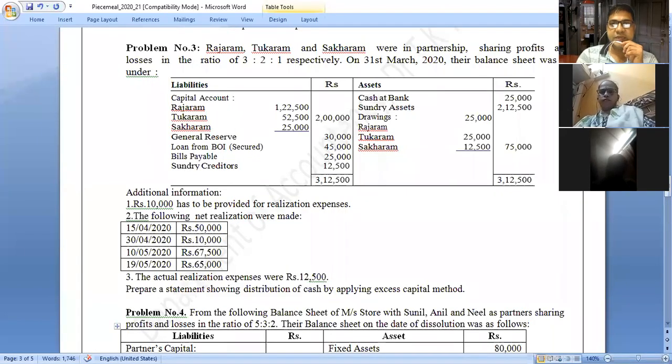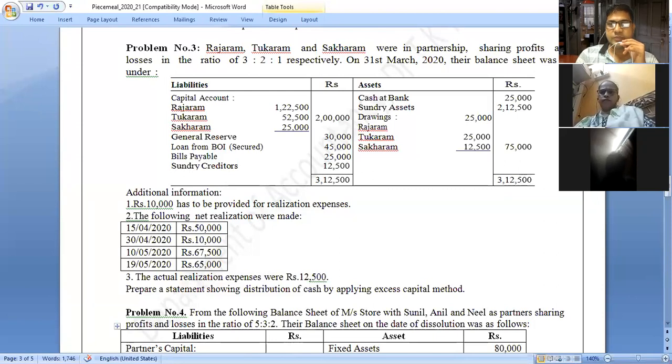After getting adjusted capital, the next thing is to calculate the unit capital. What will be the formula to calculate the unit capital? The formula is very simple: adjusted capital divided by profit sharing ratio. Rajaram's adjusted capital 1,12,500 divided by 3, so we will get the unit capital 37,500.